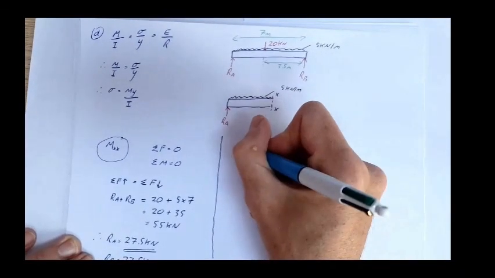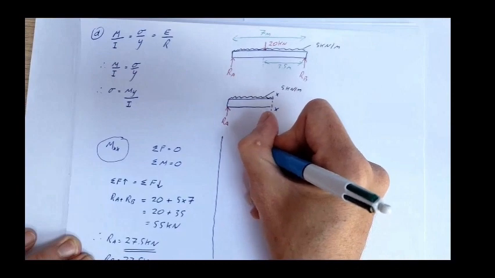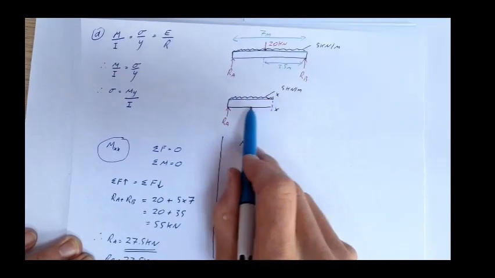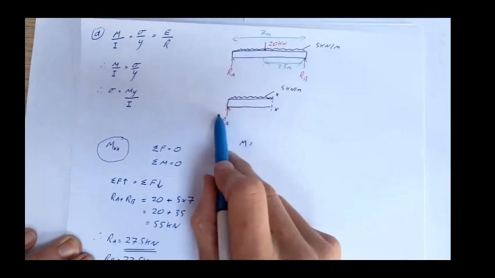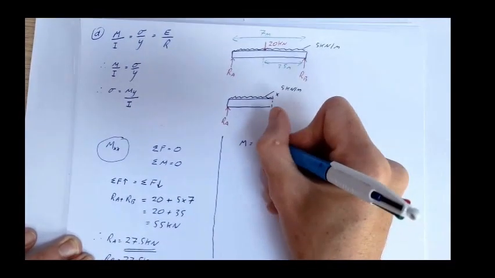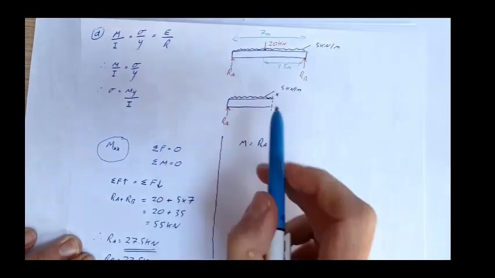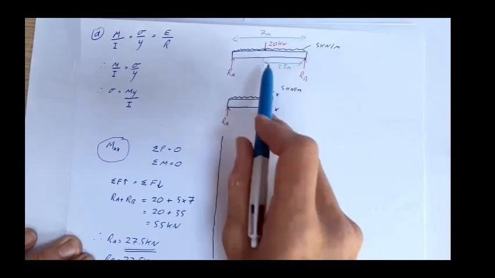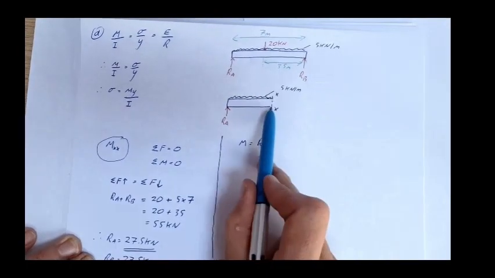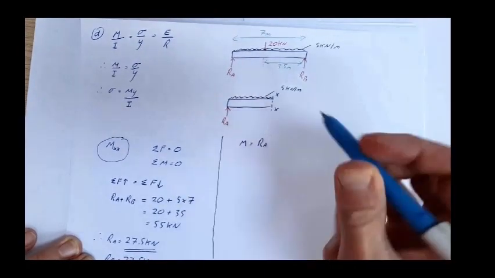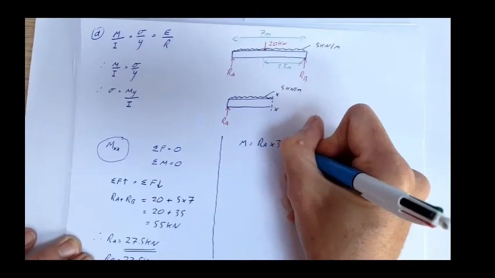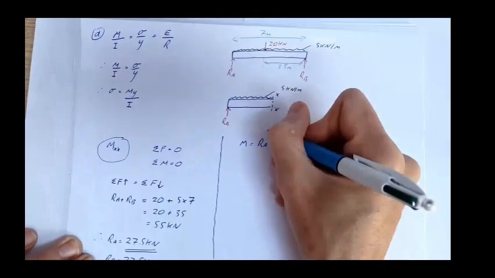Okay, so my moments equal, I've got this section here, RA, and so that's my force. How far away is this force from this location here? Well, if we're in the midpoint of the beam, this must be 3.5 meters. So that's RA times 3.5. Those are my clockwise moments.